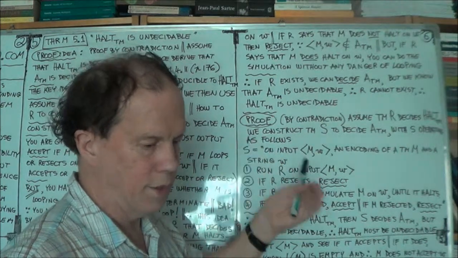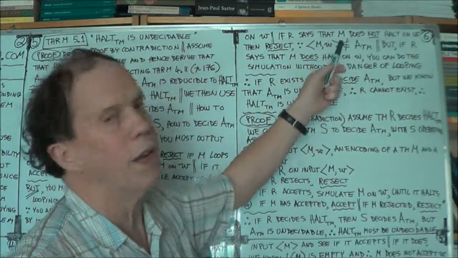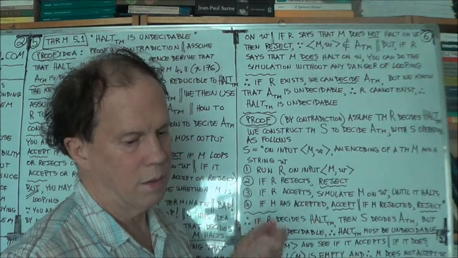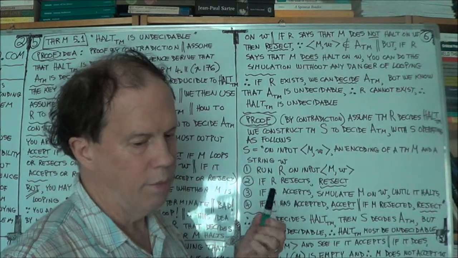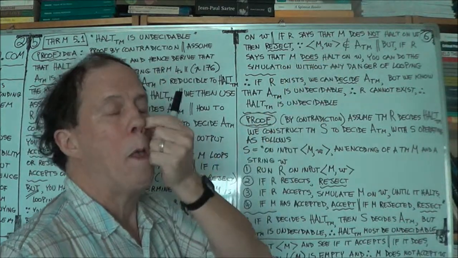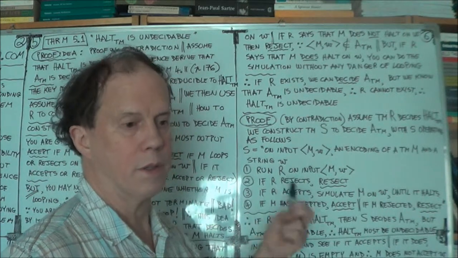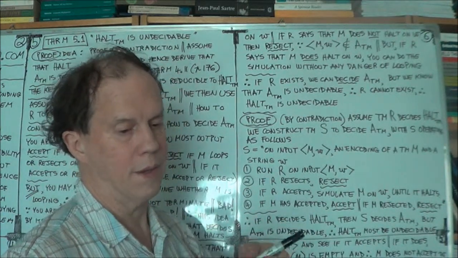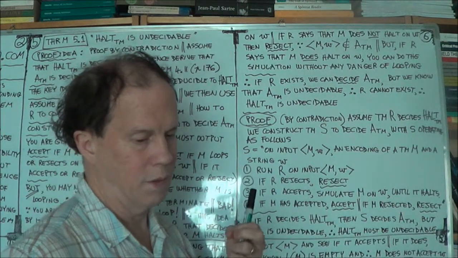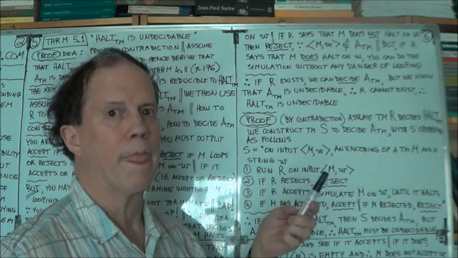So if R tells you that it does halt, well, then you just keep simulating as S until it does halt, because you know it halts. R's told you it's going to halt. So you just simulate until either it accepts or rejects, and if it accepts, as S you return accept, and if the simulation rejects, you return reject.